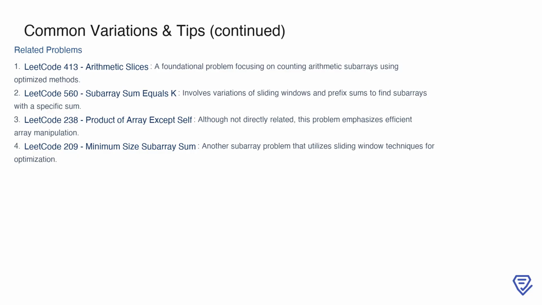LeetCode 238, product of array except self, while not directly related to arithmetic slices, emphasizes efficient array manipulation, a skill that's valuable in many array-based problems. Lastly, LeetCode 209, minimum size subarray sum, is another subarray problem that uses sliding window techniques for optimization. Studying these problems will help you refine your approach to subarray problems and improve your overall problem-solving skills.